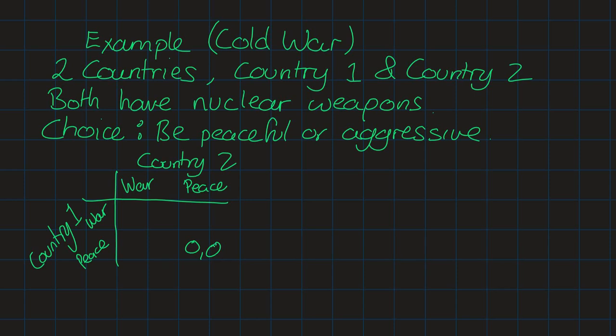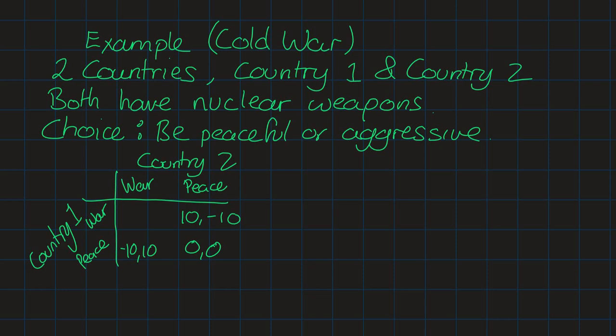If Country 1 is peaceful, but Country 2 is aggressive, they choose war, then Country 2 is going to gain some resources, and Country 1 is going to lose some resources. And symmetrically, if Country 1 is aggressive and Country 2 is peaceful, Country 1 gains some resources, and Country 2 loses them. Okay, like annexing a part of Country 2.